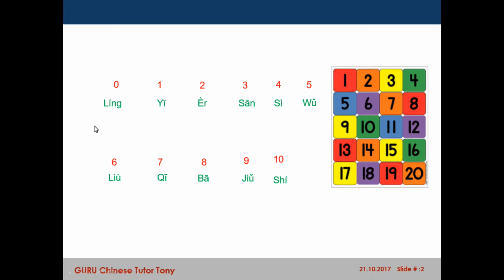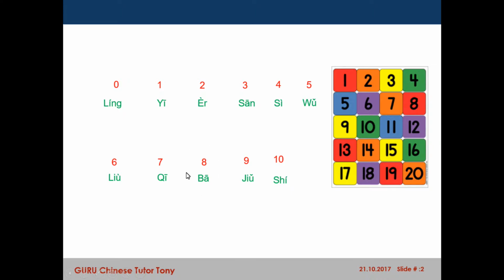五. Okay, so the 6, 六. That means 6. Then 七, just very lightly. That means 7. Then 8, 八.